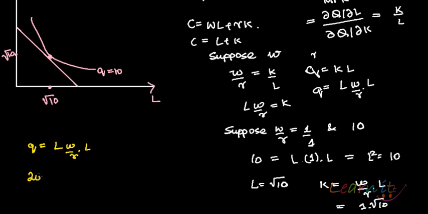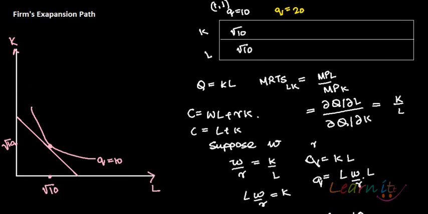Now I want to produce Q equal to 20, so that would be L square into 1, because W by R is 1. So L is equal to root of 20. Similarly, you can also prove that K is equal to root of 20. So when you want to produce Q equal to 20 at the same input prices 1, 1, your cost minimizing input choices become root of 20, root of 20.